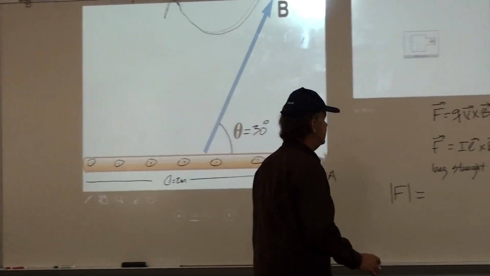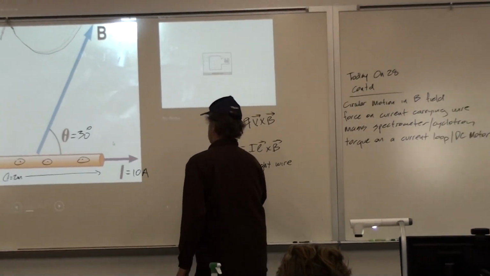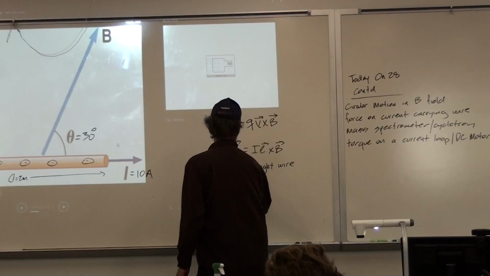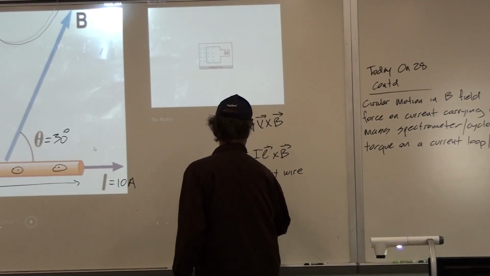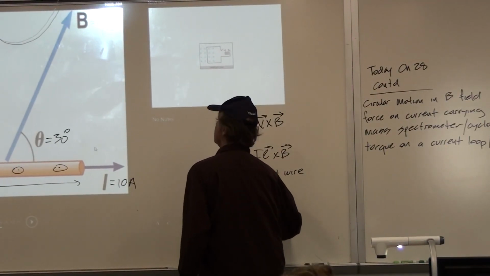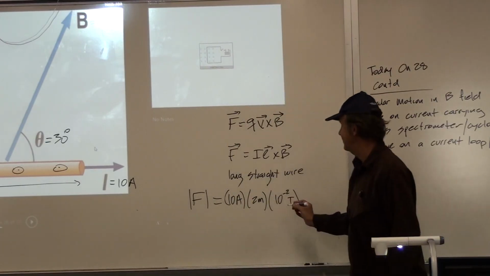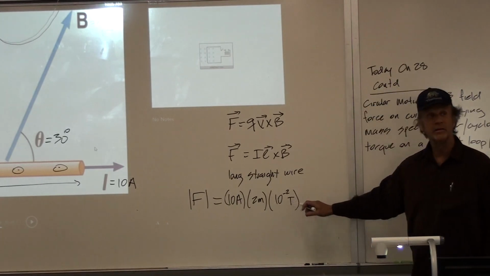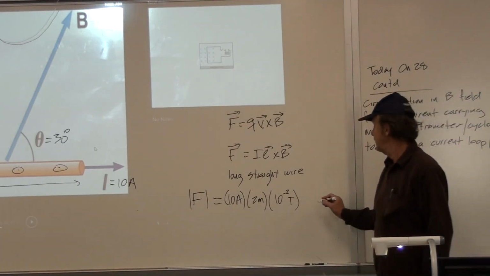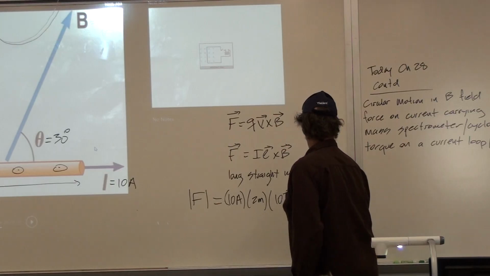But the magnitude is going to be I, so that's 10 amperes, times L, 2 meters, times B, 10 to the minus 2 Tesla, which is actually a fairly big magnetic field. This is 100 times bigger than the Earth's magnetic field, times the sine of 30 degrees.